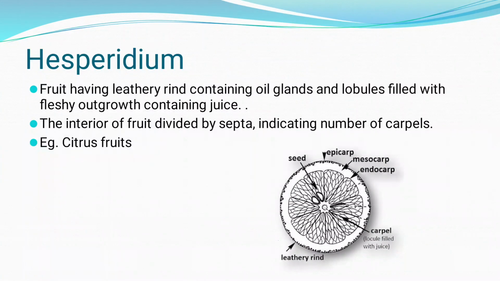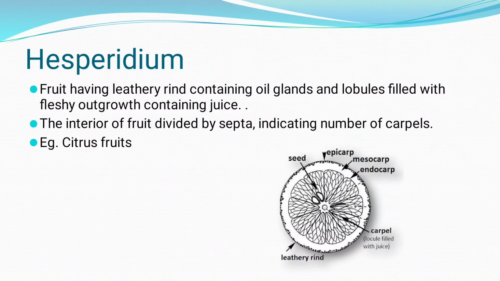Then hesperidium. So the hesperidium is a fruit having leathery rind containing oil glands and locules filled with the fleshy outgrowth containing the juice. So in structure you can see the epicarp is present, it is a quite leathery product. It is a flexible leathery product, and then the mesocarp and endocarps are present below the epicarp. At center there are locules present, okay, having juice.